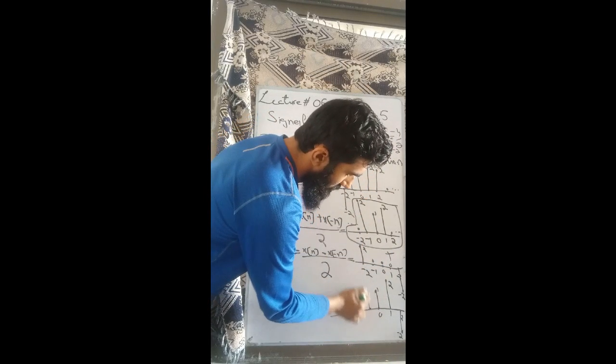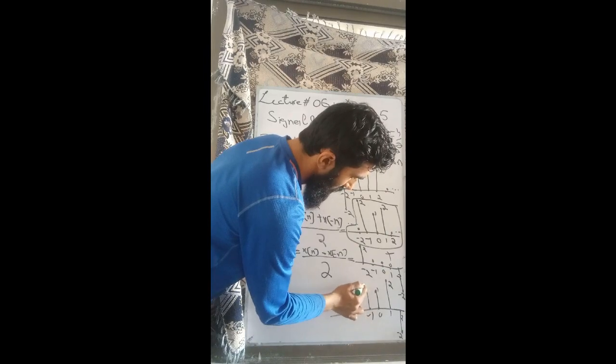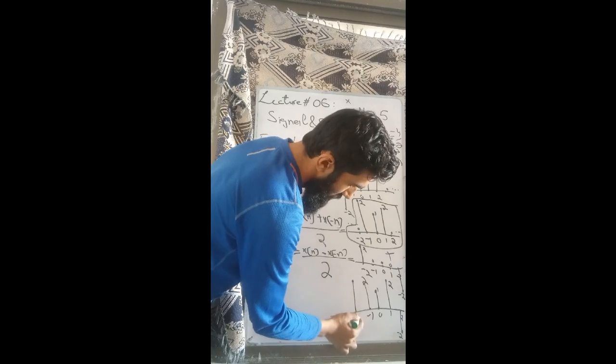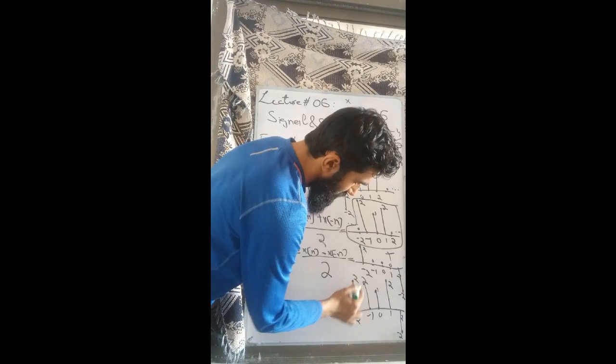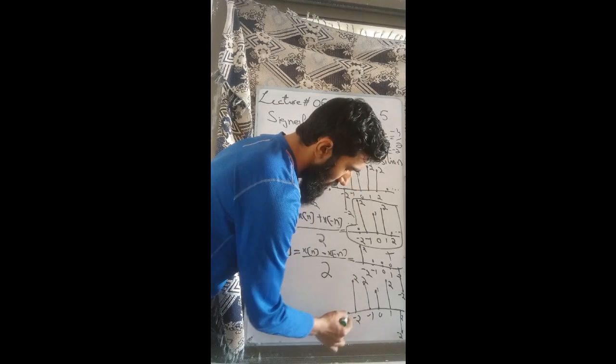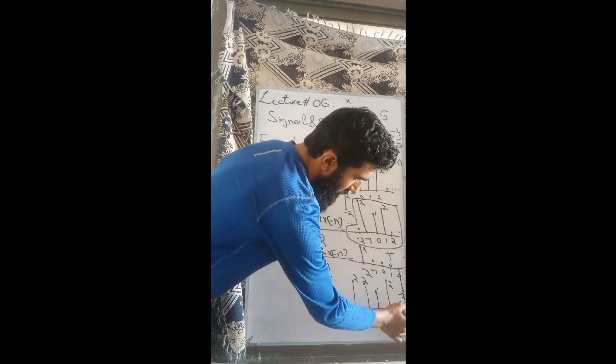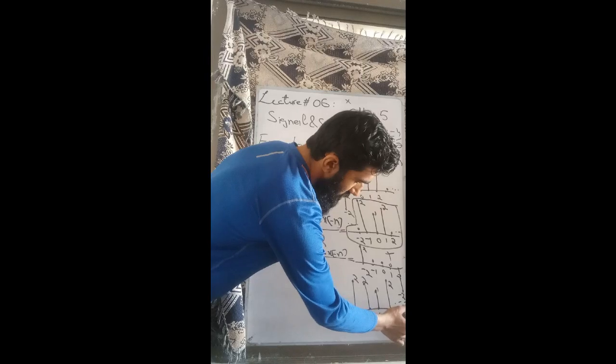Here at -1 it is again 2, and at -2 again it is 2, and 0, 0, continuing.